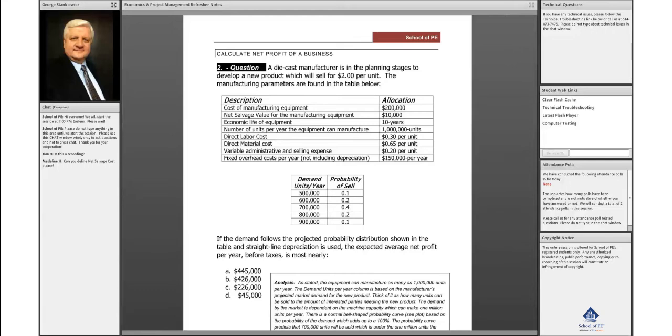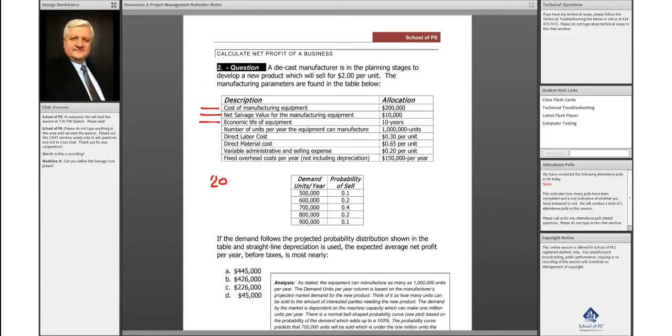There's a question here, so we're ready to answer some of the concepts. One of our first steps is determining what the manufacturing equipment cost is and what the salvage value is. We have $200,000.